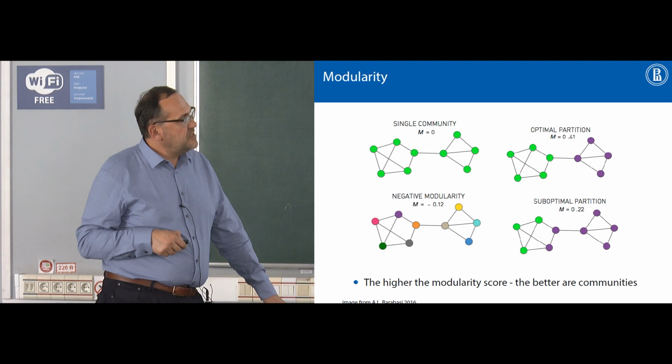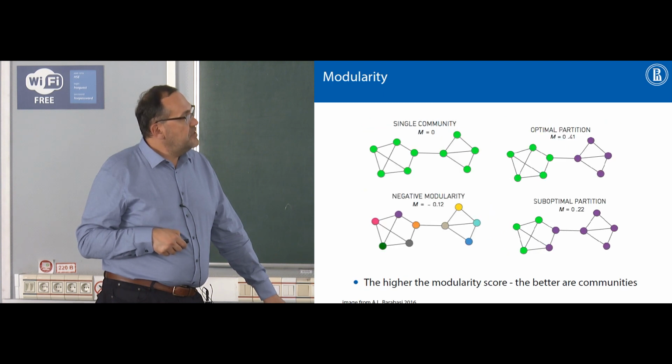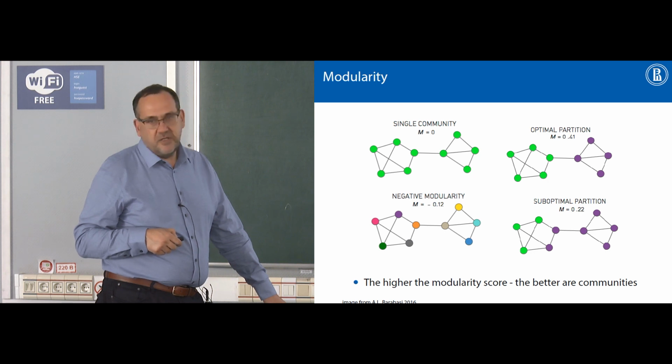So here, for this community, there's 1, 2, 3 edges internal to it. So this is going to be 3 for one community, and for another one, there'll be 1, 2, 3, 4, 5, 6, 7 internal edges.